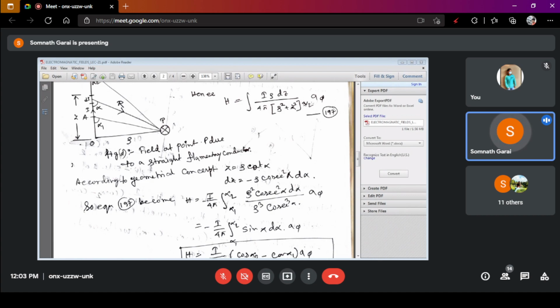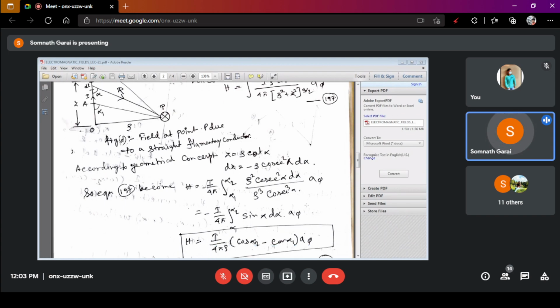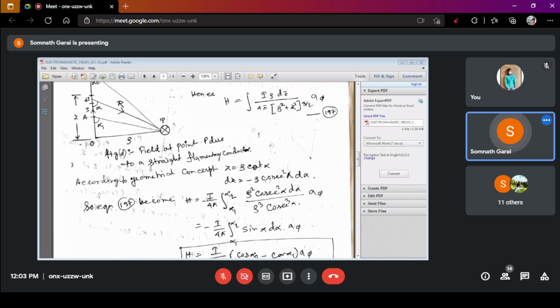Then the power gets cancelled, and the denominator rho square plus z square to the power 3 by 2 is replaced by rho cube cosec cube alpha.